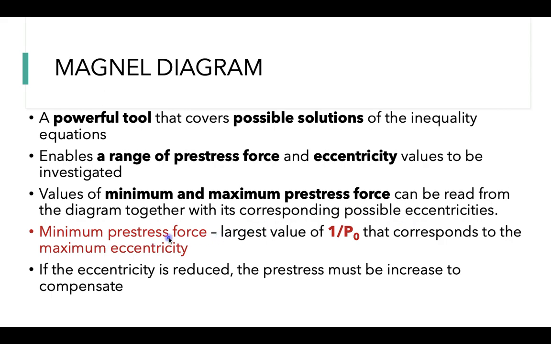The minimum pre-stress force can be determined based on the largest value of 1 over P naught that corresponds to the maximum eccentricity. So if the eccentricity is reduced, the pre-stress must be increased to compensate. These are just the description on the Magnel diagram. So what are the values that we can actually determine?